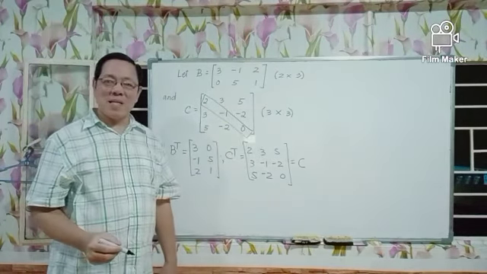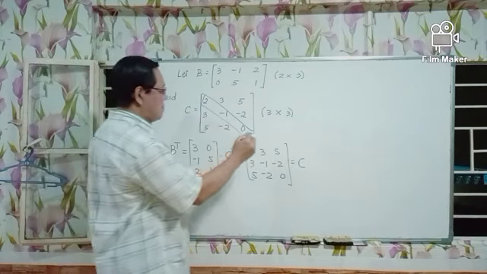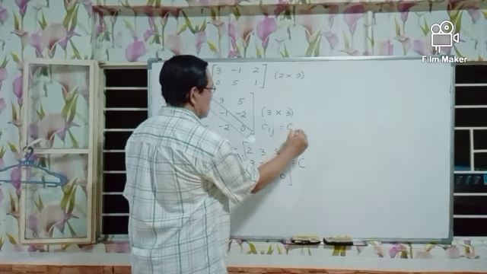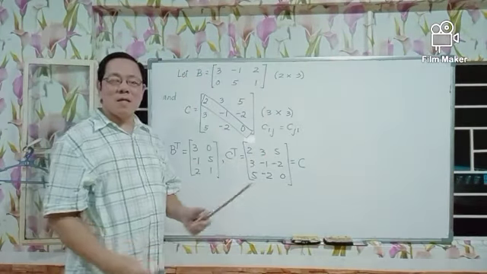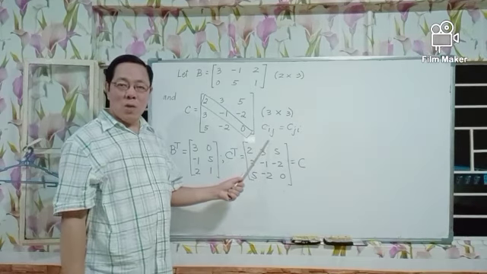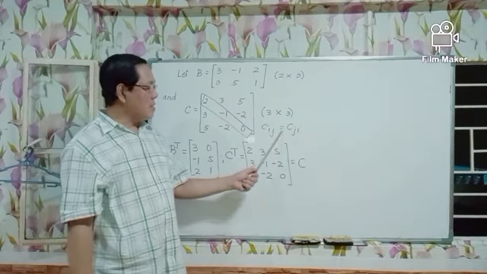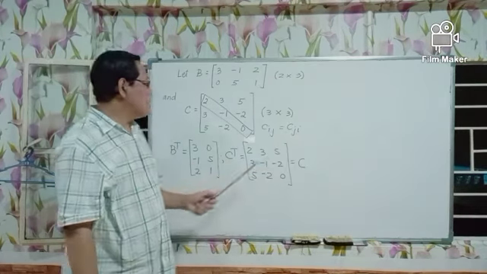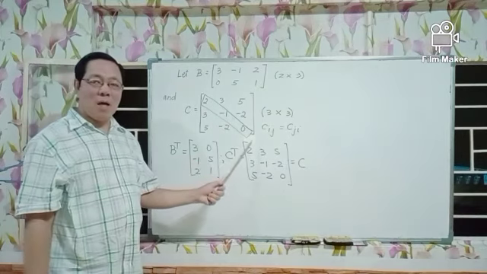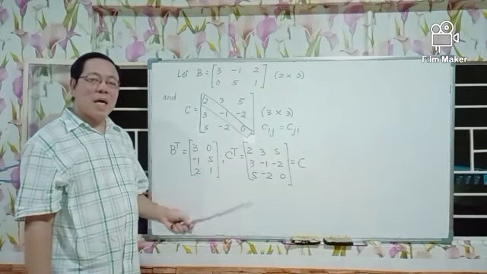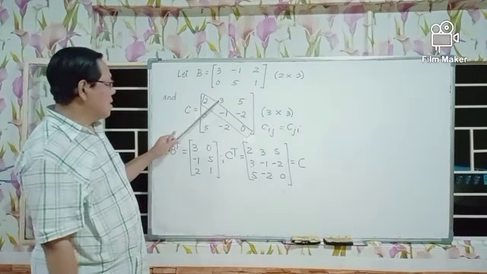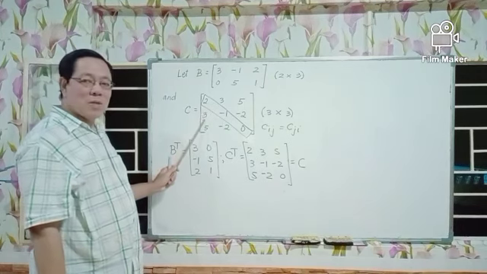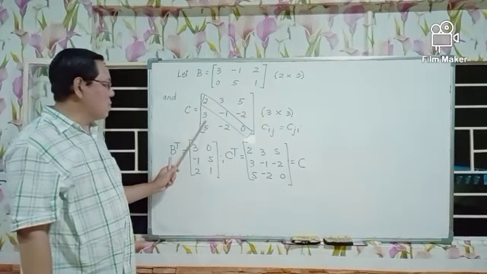A symmetric matrix has the property that the entry in the ith row and jth column of matrix C is equal to the entry in the jth row and ith column of matrix C. That is, with respect to the diagonal of the matrix C, the matrix is symmetric. This is the entry in the first row and second column, and it's equal to the entry in the second row and first column.